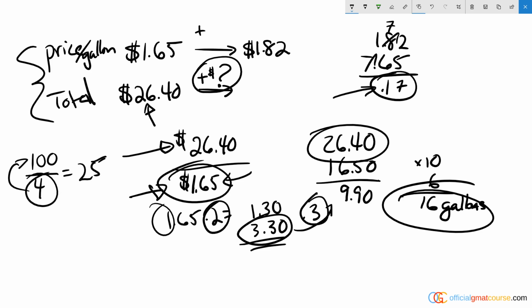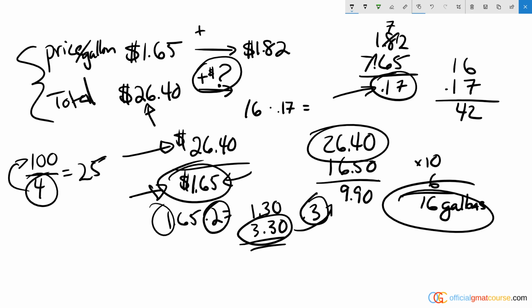17 cents is the change per gallon. So the total change is going to be 16 gallons times 17 cents per gallon. And 16 times 17, 6 times 7 gives us 42.